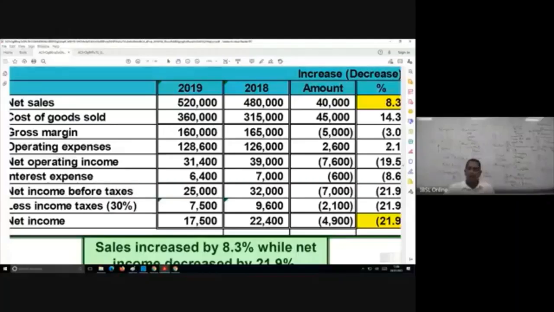Net interest expenses has come down. Because of these increases, your profit has come down. The volume is higher in these cases. See, 40,000, here negative 5,000, negative 2.6 thousand, like that.